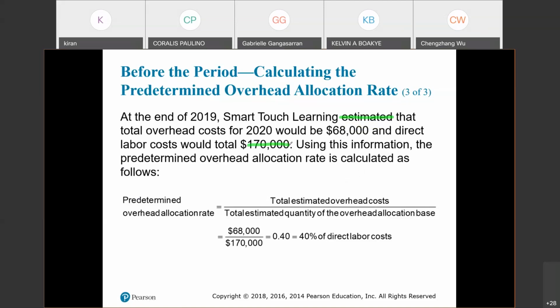So using this information, the predetermined overhead allocation rate is calculated as follows. We use total estimated overhead cost, which is $68,000, divided by total estimated quantity of the allocation base, which is $170,000. It is 40% of direct labor cost.